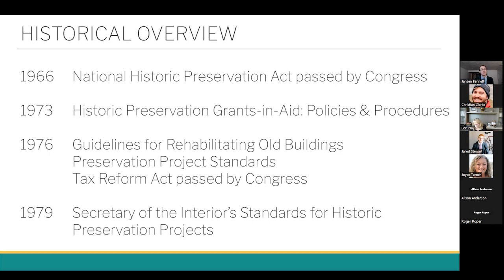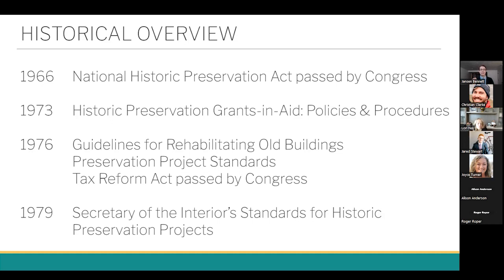In 1976, the guidelines for rehabilitating old buildings were released in addition to preservation project standards. The guidelines for rehabilitating old buildings, together with the Grants and Aid policies and procedures, were meant exclusively for the Grants and Aid program, whereas the preservation project standards were meant for the Department of Housing and Urban Development to use.